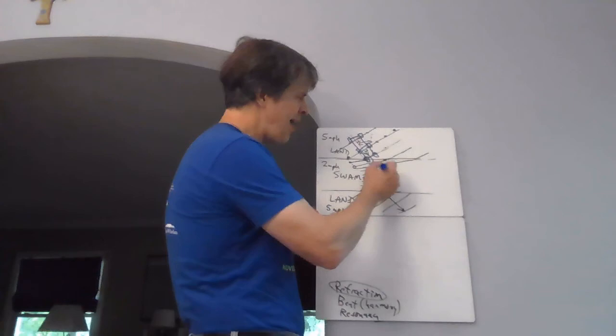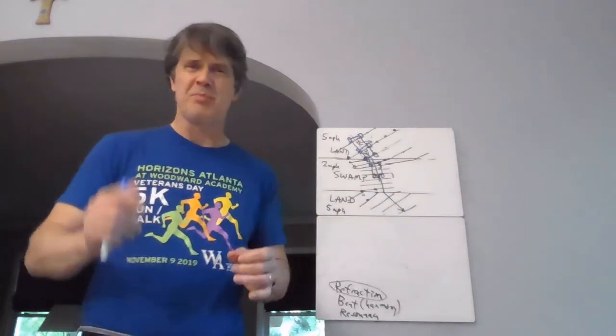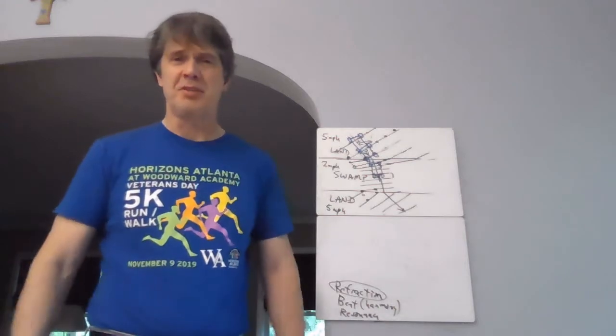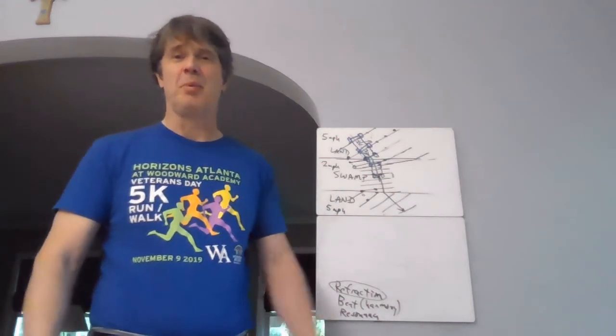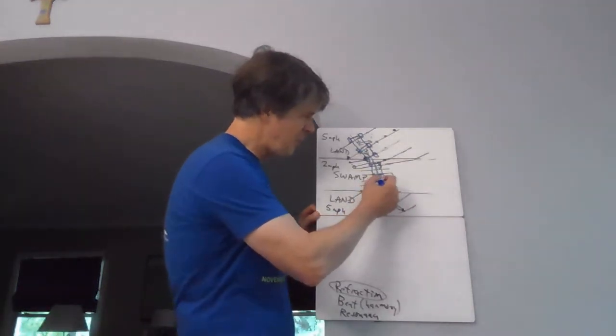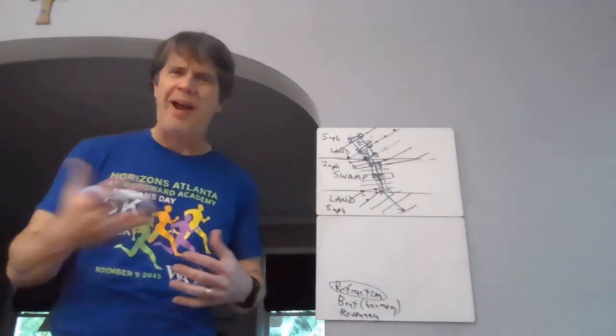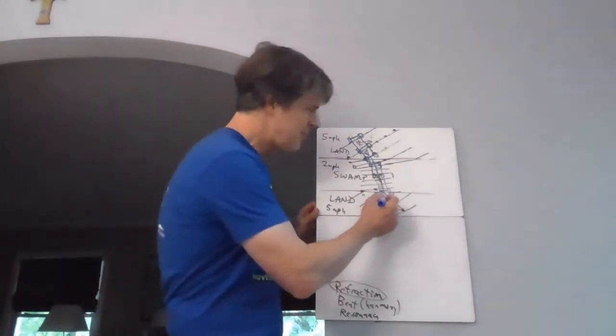Now, of course, the driver might be able to consciously steer in such a way to overcome that with some skill. But let's say they're not a very skillful driver. They're just kind of along for the ride. They don't know what they're doing. So anyway, the thing bends, and you know what? The same tire that bogged down first is the same one to get traction and grab dry land and whips that car around.